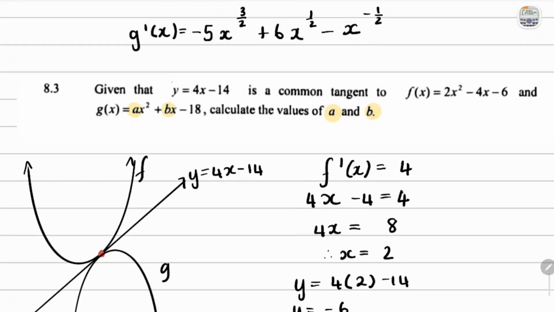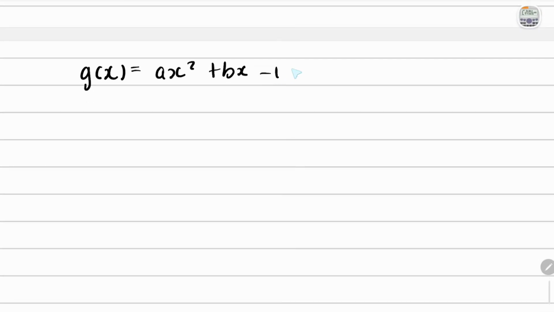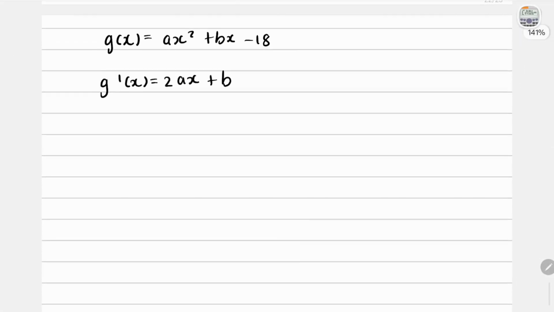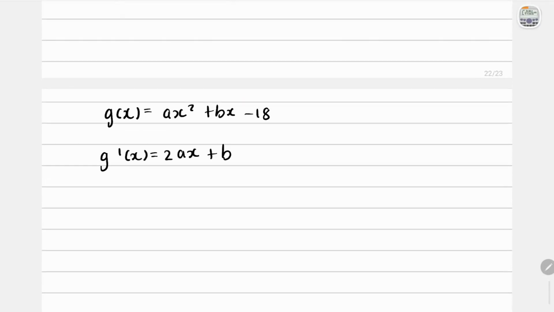Remember that g of x is equal to ax squared plus bx and then minus 18, right? So the derivative of this is going to be 2ax plus b. There is no x after the b because the x will fall away.